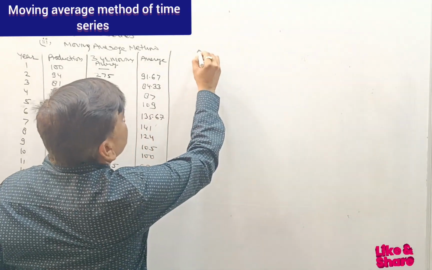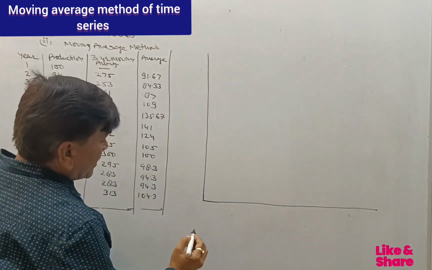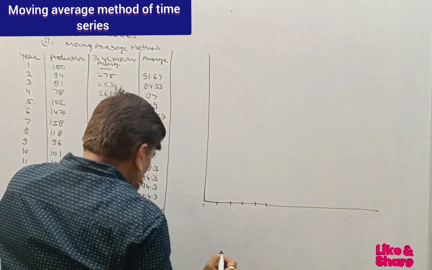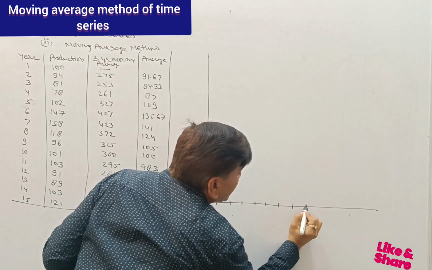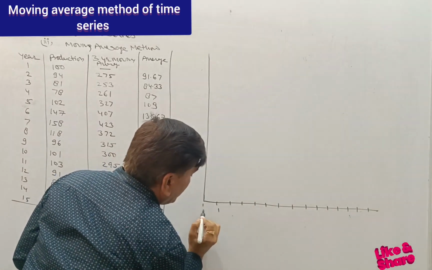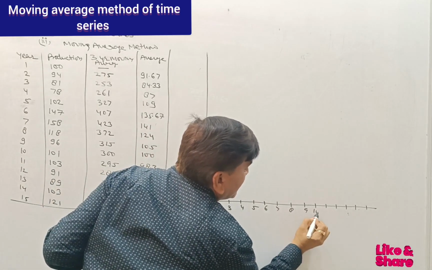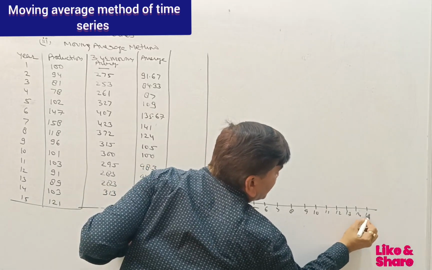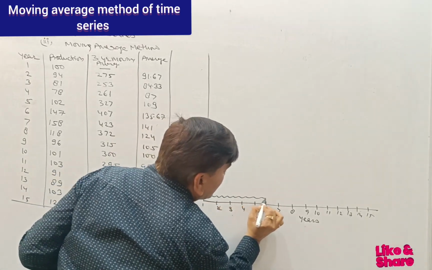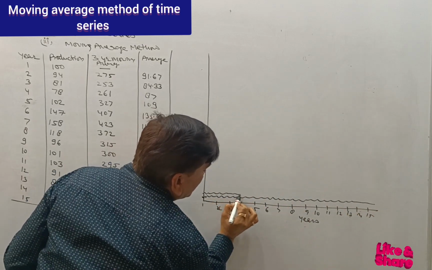So having the data, plotting the data, year 1, 2, 3, 4, 5, 6, 7, 8, 9, 10, 11, 12, 13, 14, 15. We are having a false baseline because the minimum data starts from 70. We have already discussed the false baseline.